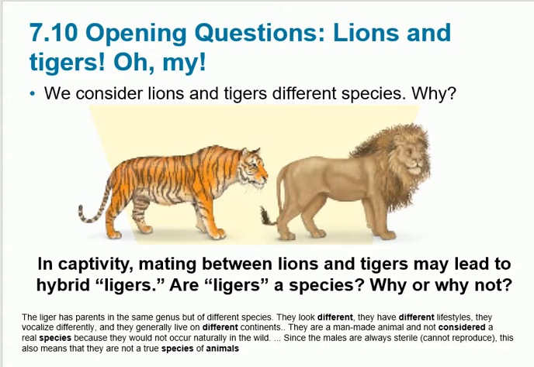So we mentioned, if you remember from the very beginning, we said life and domains and all that stuff until you come to the species, right? So here you have two different species, lions and tigers. Each one of those is a species.